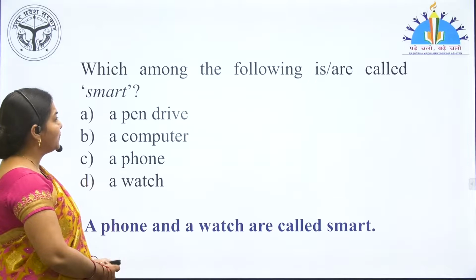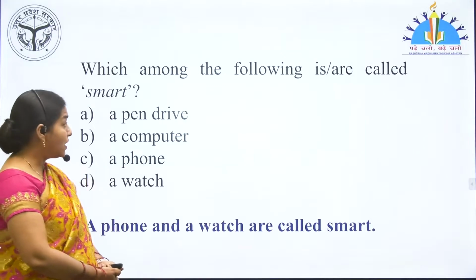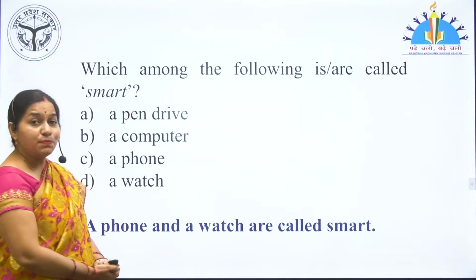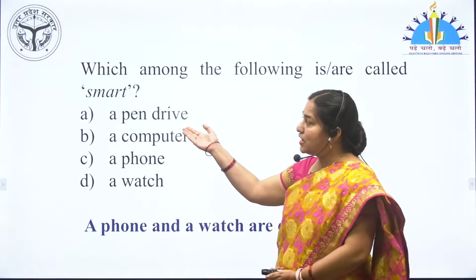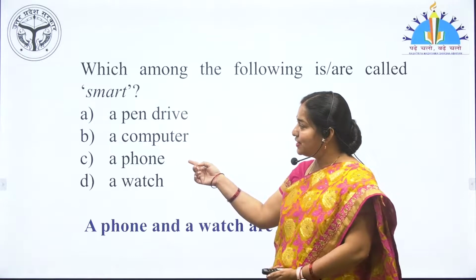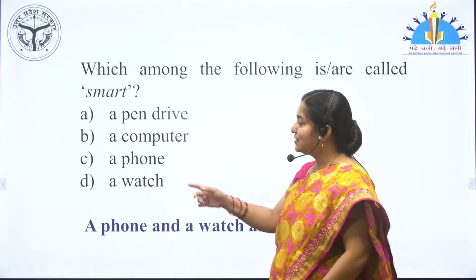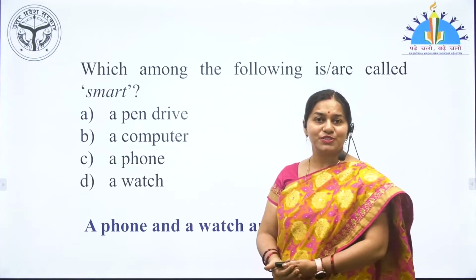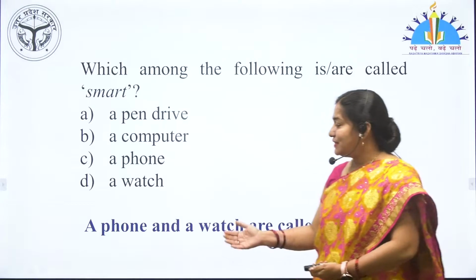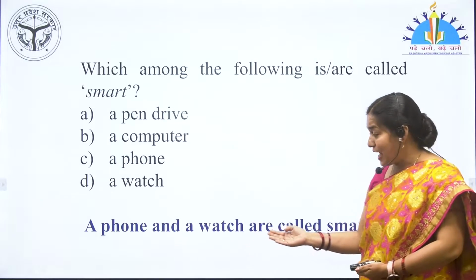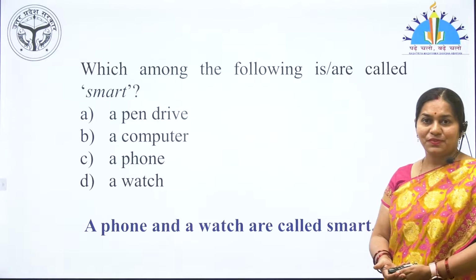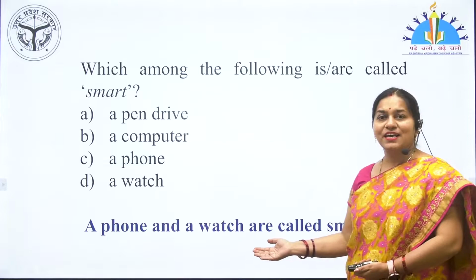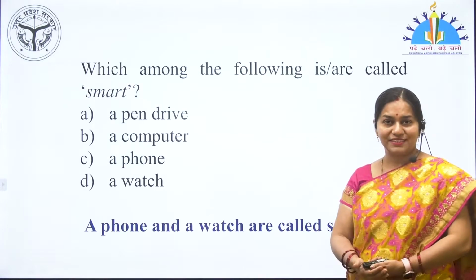Which among the following is called smart? The options are a pen drive, a computer, a phone or a watch. The answer is: a phone and a watch are called smart. Both of these things are called smart.